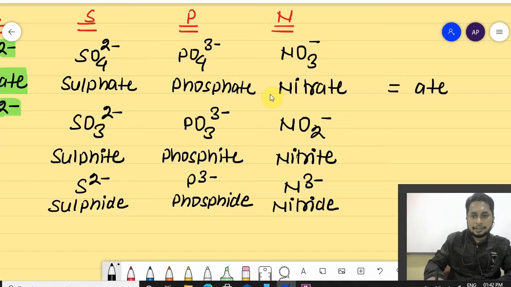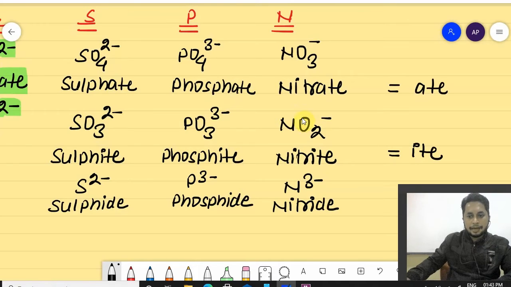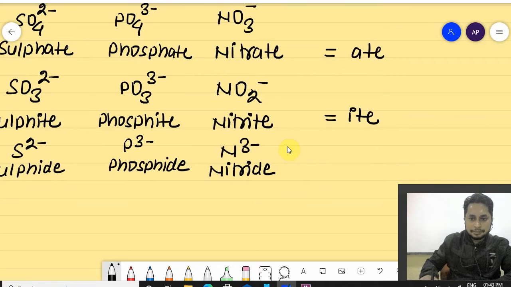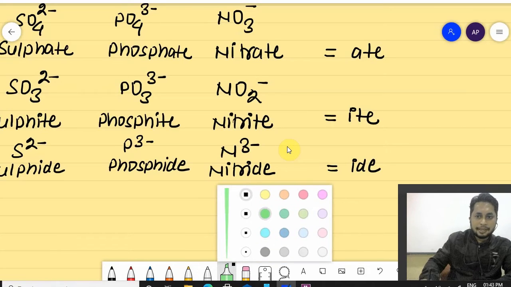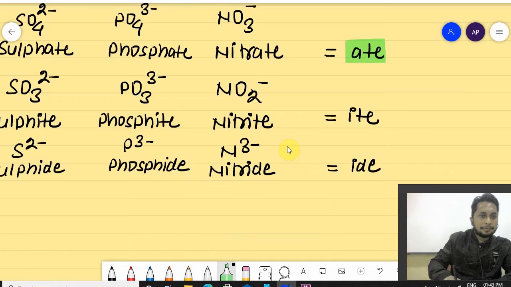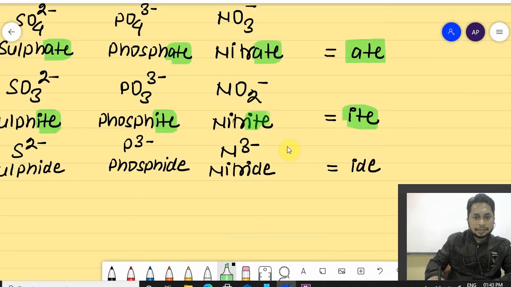With the maximum oxygen condition, the suffix is ate, like sulfate, phosphate, nitrate. With one oxygen less, the suffix is ite: SO3 sulfite, PO3 triple minus phosphite, NO2 minus nitrite.